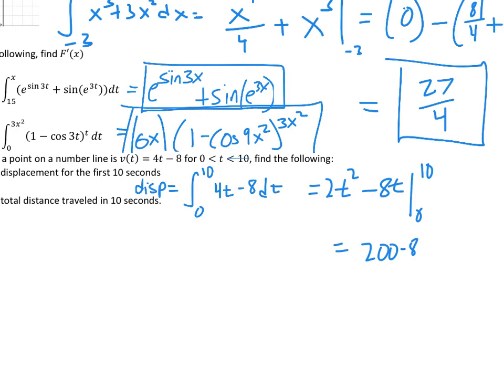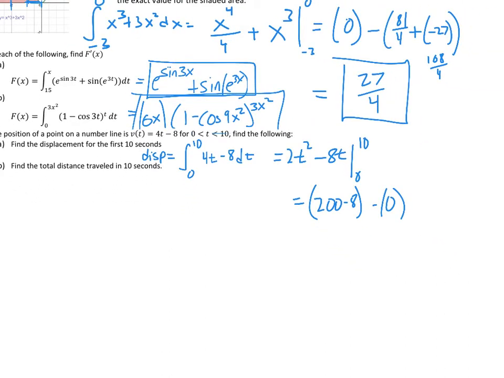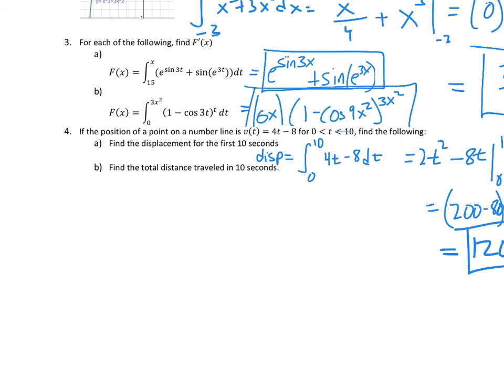And then plug in 0, we get 0. And so this is 120. Oh, it didn't give us any units here. So 120. Guess probably feet, but it didn't say that in the problem. So watch out for that.